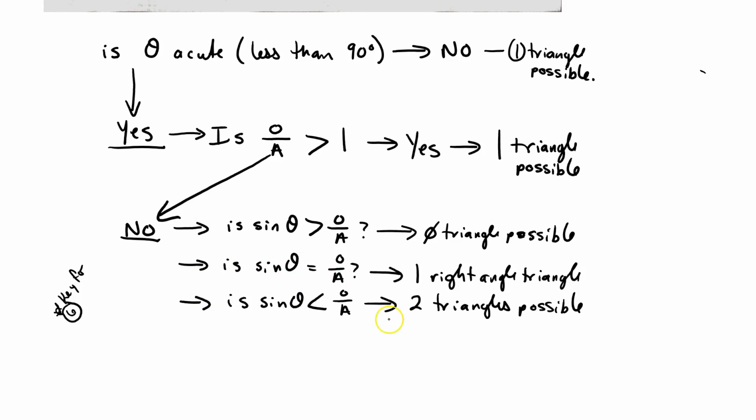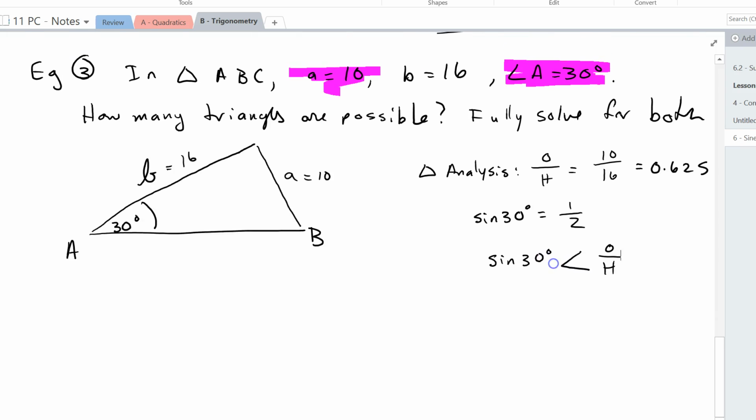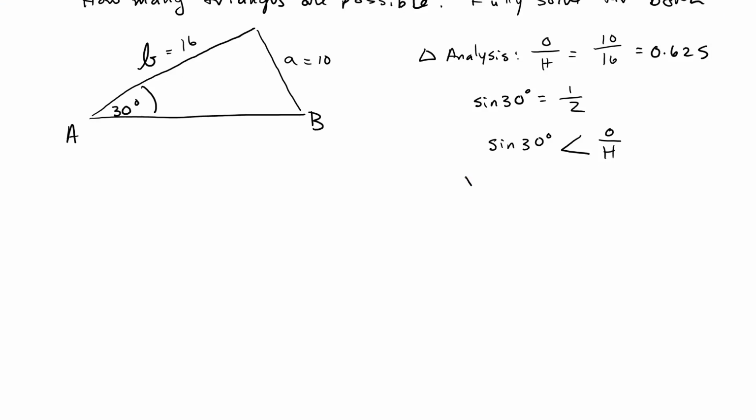So we've followed the flowchart down to the option where 2 triangles are possible. So this right here is our ambiguous case. 2 triangles possible.